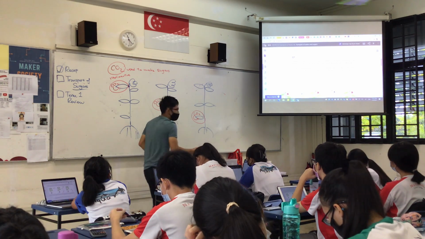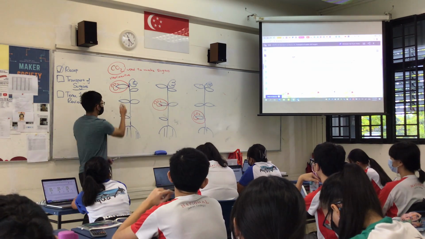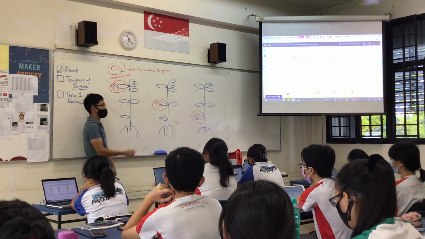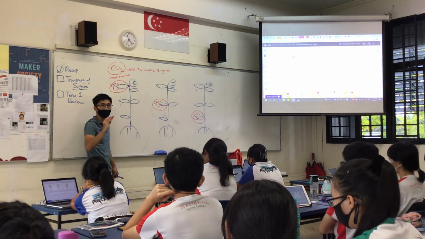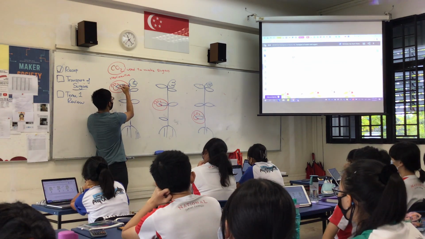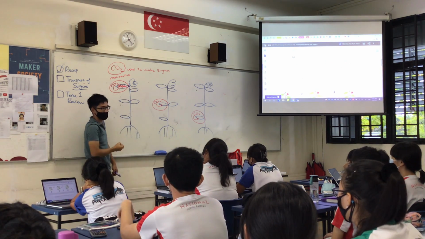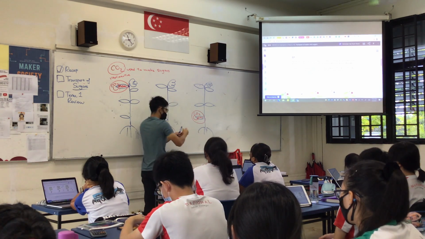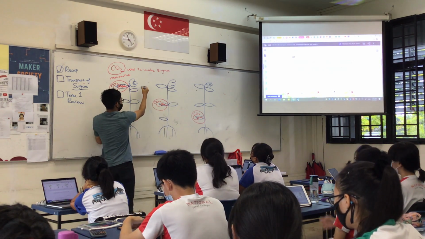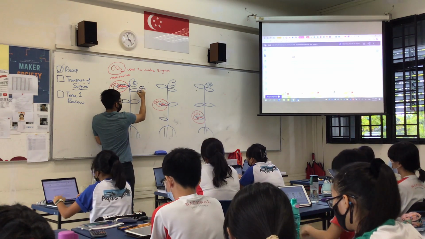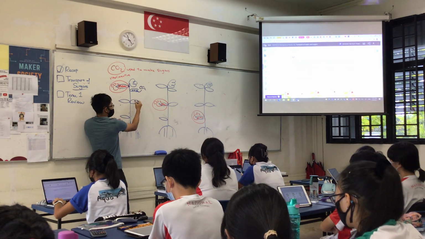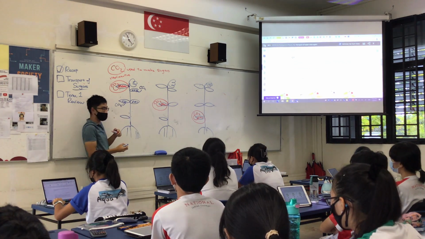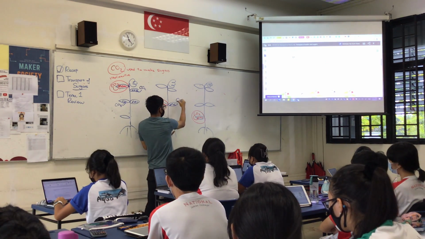It means that any sugars being made by this particular leaf will be radioactive too. I'm going to use red to represent any sugars that are radioactive. So all the sugars made here are radioactive. Other parts of the leaves also receive CO2, but any sugars made are not radioactive at all.